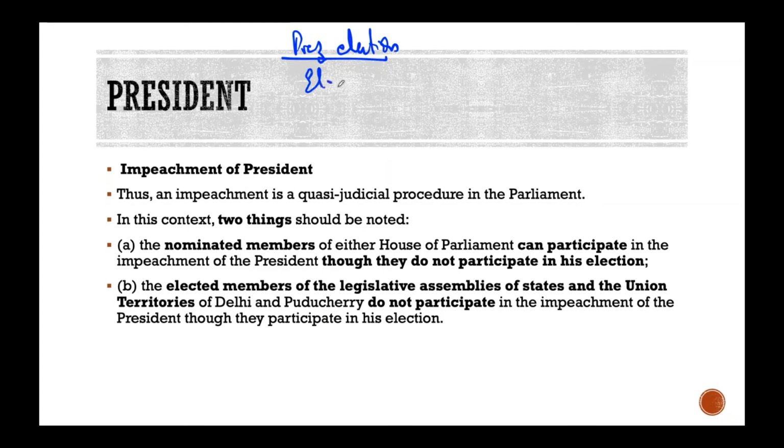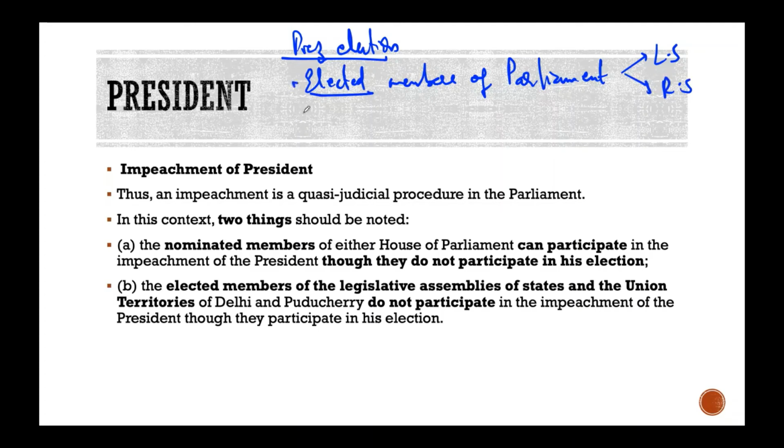Remember, there is an important term: the elected members of the parliament. When you say parliament, are you sure that it is Lok Sabha and Rajya Sabha? Yes, sir. Okay, Lok Sabha, Rajya Sabha, wonderful.